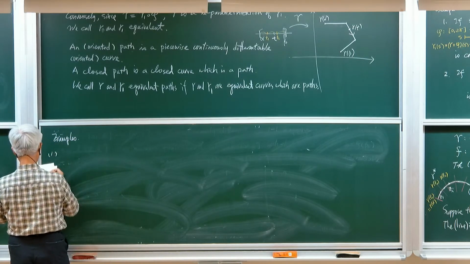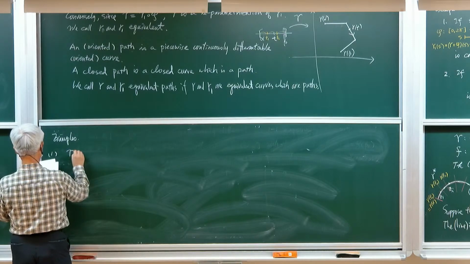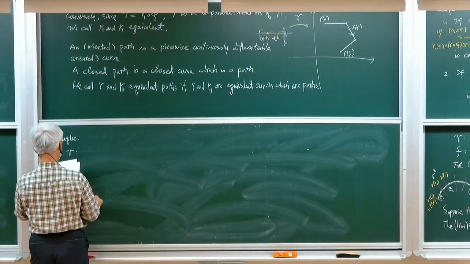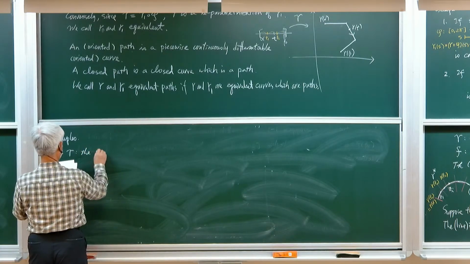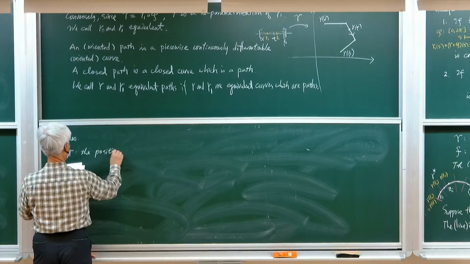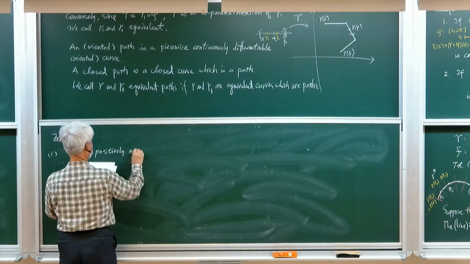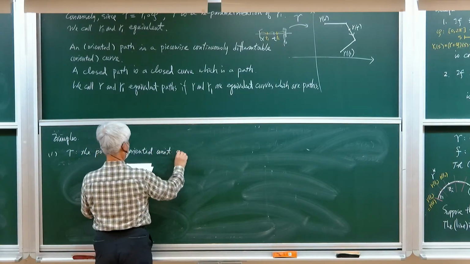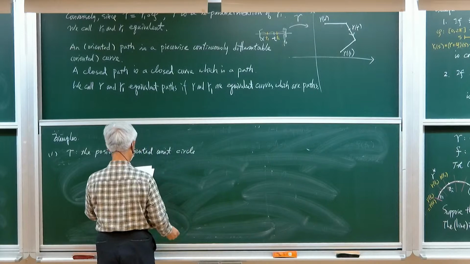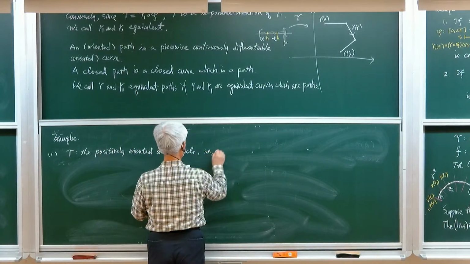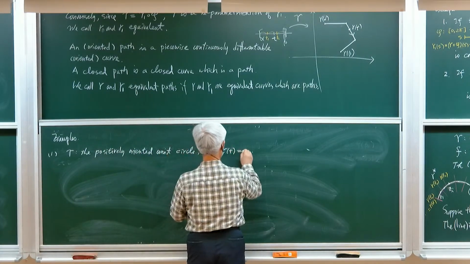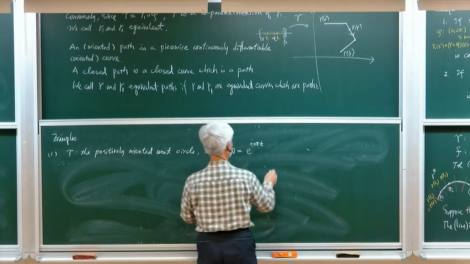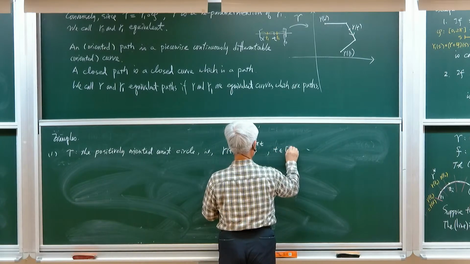The first example, the gamma, is the positively oriented unit circle, i.e. gamma of t is equal to e^(i 2 pi t), and t is in from 0 to 1.